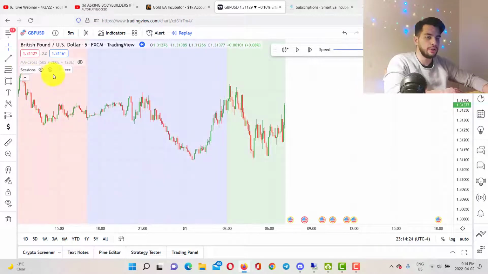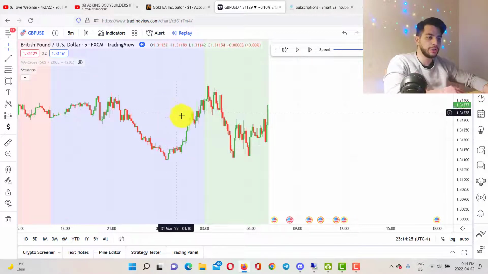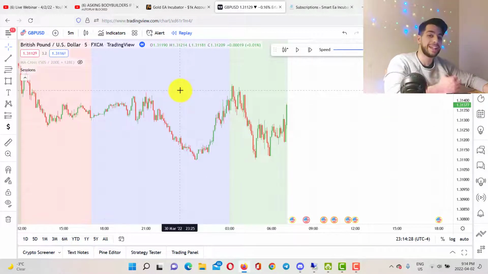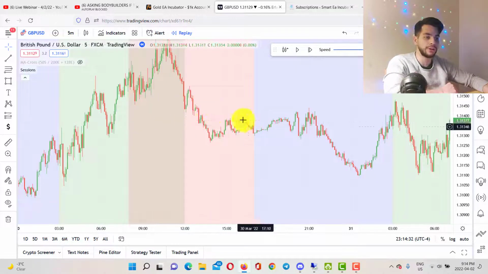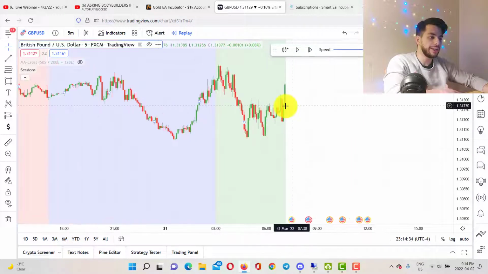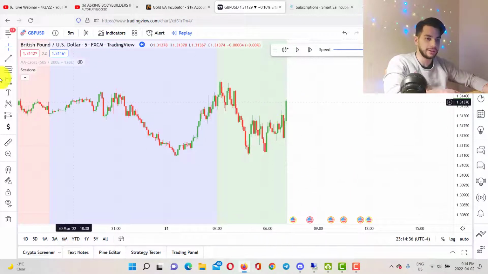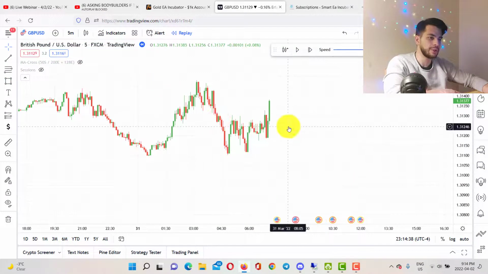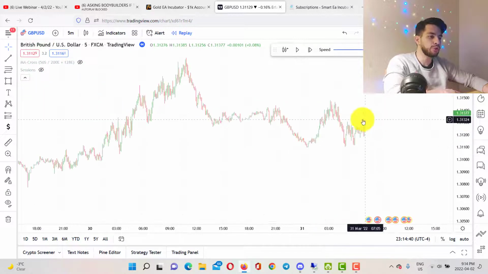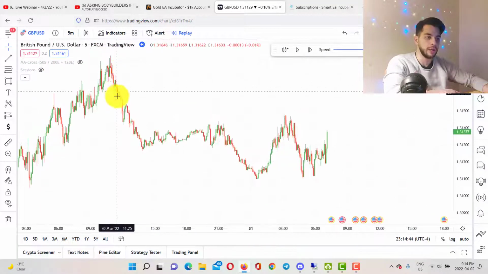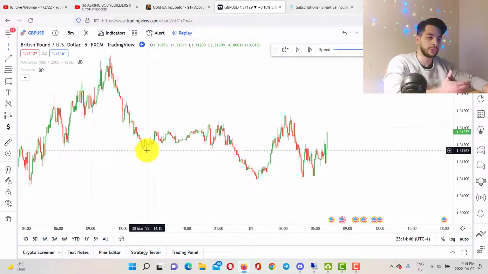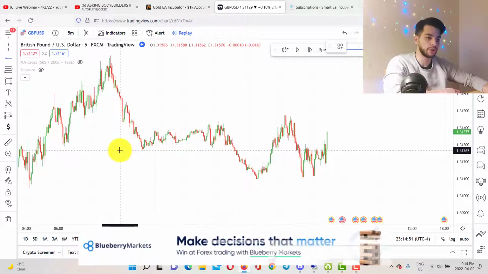Okay, so if we turn on the sessions, you'll see that the blue one is Asia session, this one is London session, and these red ones are New York session. So right now I'm in London session. As you can see in London session on GBPUSD, when you zoom out, you'll notice that you have a bearish trend because of these lower lows and lower highs that are created, and then we had a very strong breakout structure below this one.